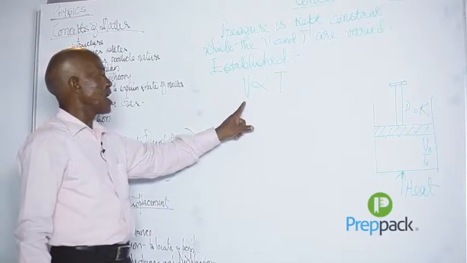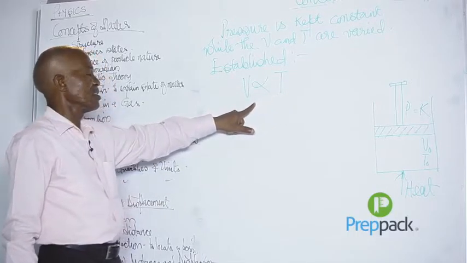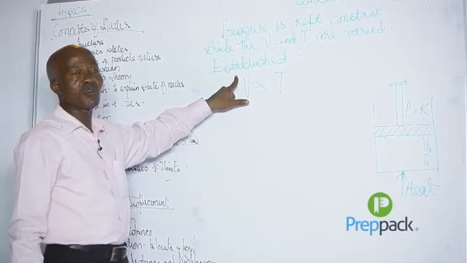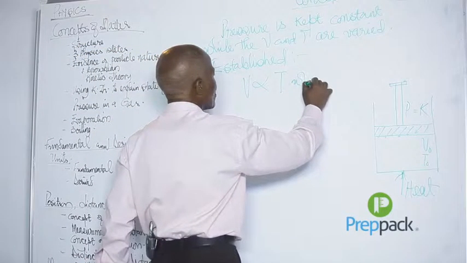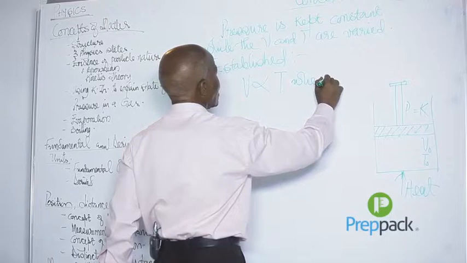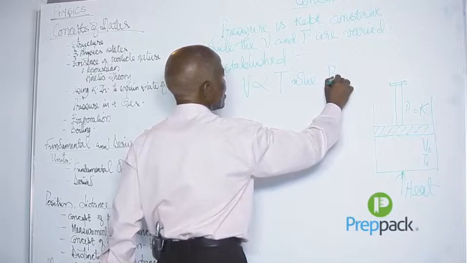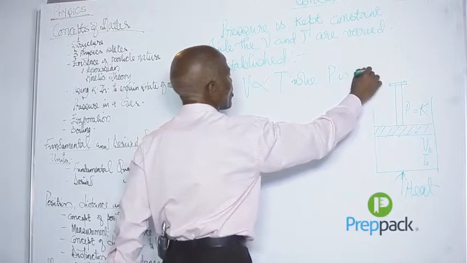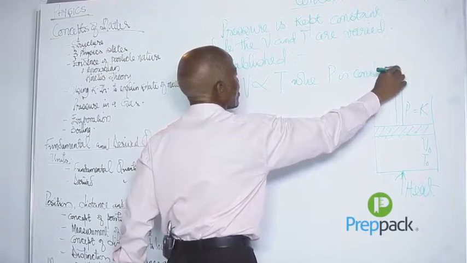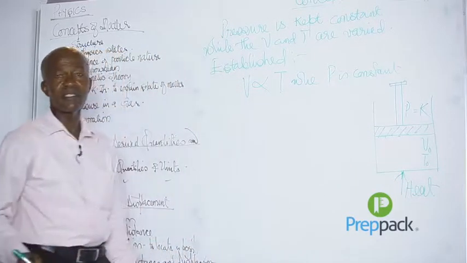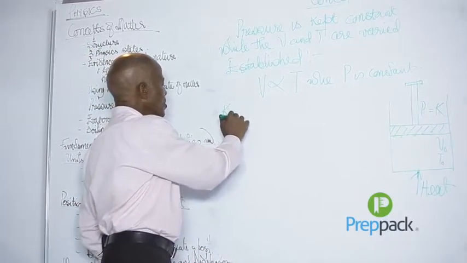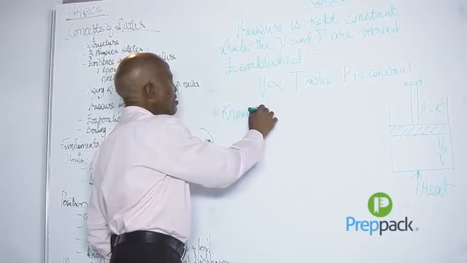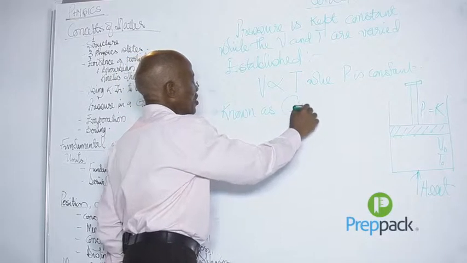As the temperature increases, the volume also rises, when pressure, P, is constant. This is known as Charles' law.